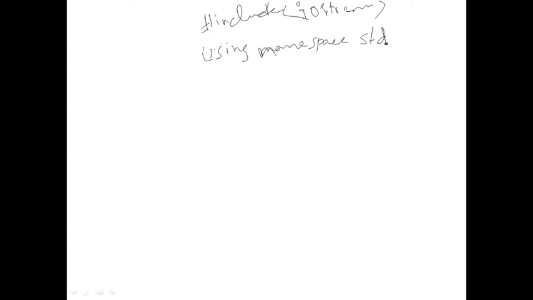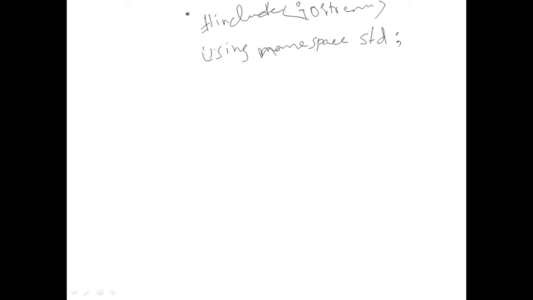So here we can write a program: hash include iostream, then using namespace std.